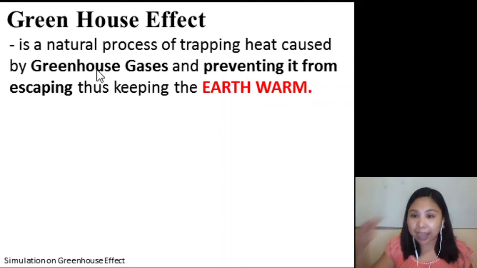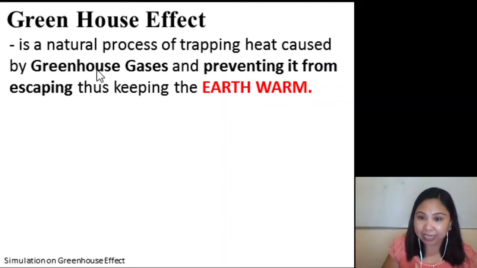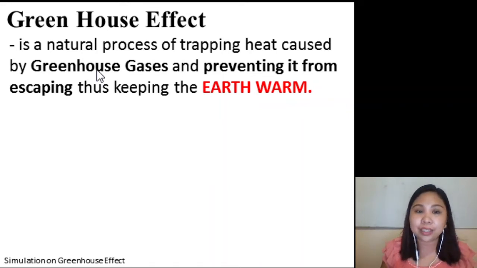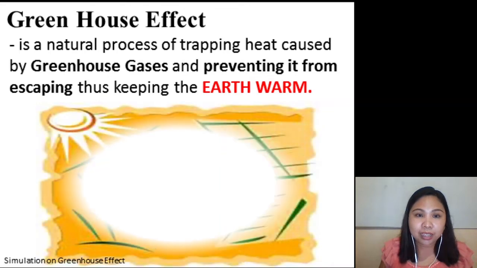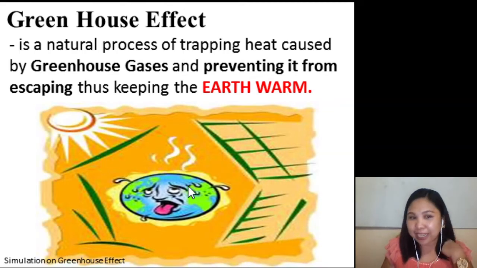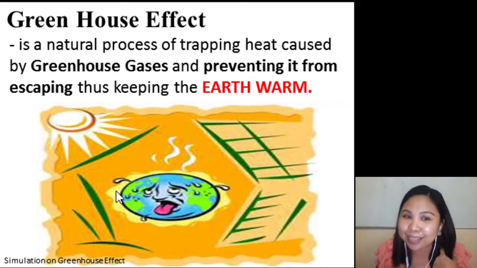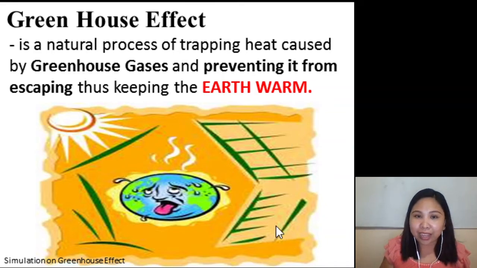So, yung pag-trap at pag-re-emit ng init papunta sa earth, ang tawag natin doon ay greenhouse effect. Okay? So, dito parang init na yung earth natin. Literally, greenhouse effect is what makes our planet warm.